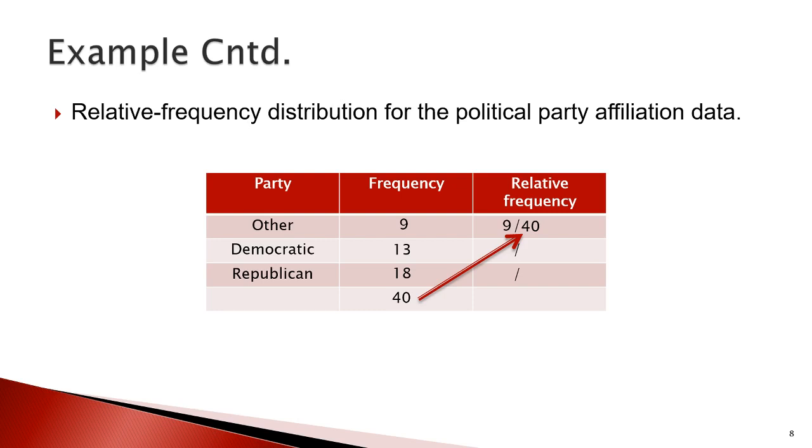By that, you get the relative frequency of other, that is 0.225. And similarly, we can get the relative frequency of Democratic and Republican as well. For Democratic, it's 13 divided by 40. For Republican, it's 18 divided by 40. And altogether, the sum of the relative frequency column should equal 1.